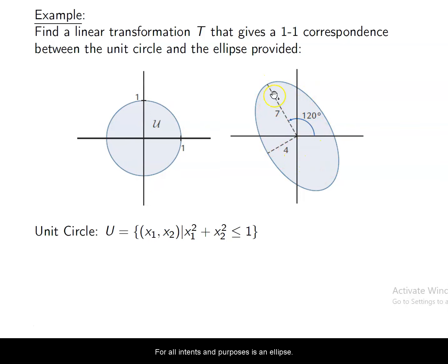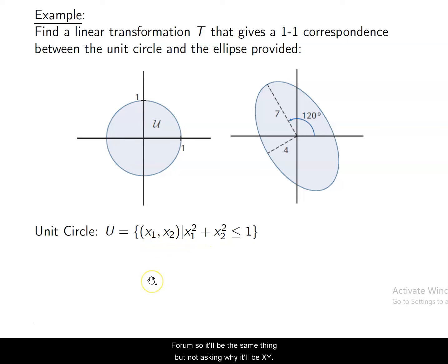This, for all intents and purposes, is an ellipse that has a major axis of 7 and a minor axis of 4, and of course it's then been rotated. But if we were to unrotate it, this would come out along X a distance of 7. So if you remember how ellipses work, if this is the x1 axis, it would be x squared over 49 plus y squared over 16 is less than or equal to 1.